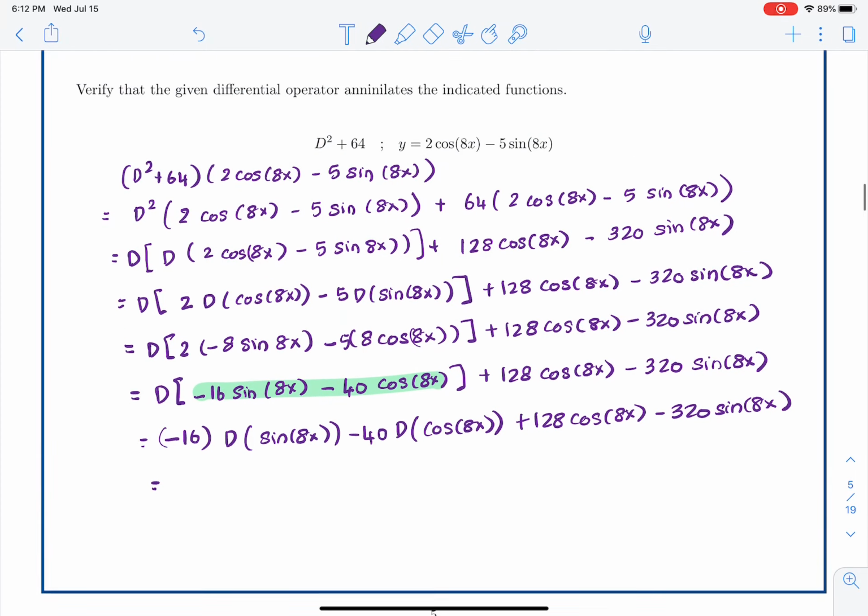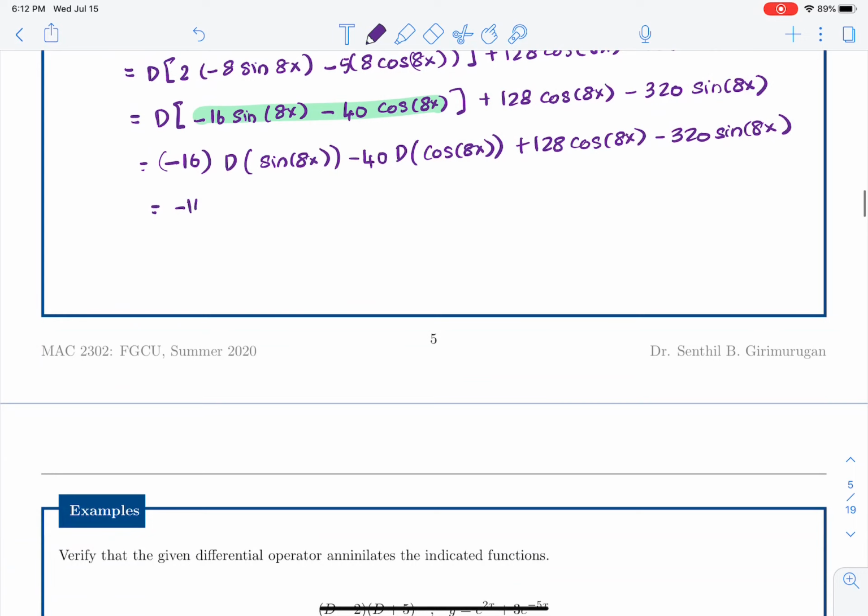So we would get negative 16 times 8 cosine 8x, negative 40 times negative 8 sine 8x, plus 128 cosine 8x, minus 320 sine 8x.